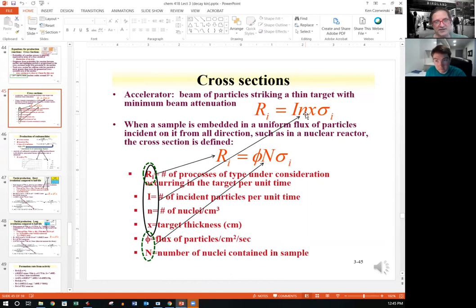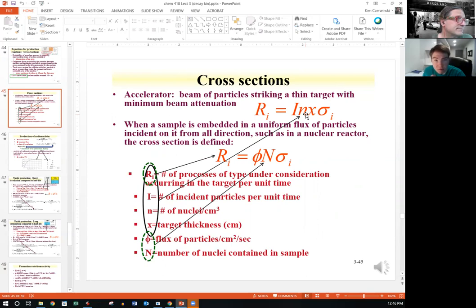In a reactor, I'm sticking this sample inside of a field that has all these neutrons at a pretty common density. Whereas in an accelerator, I'm sticking the foil at the end of a beam, and then that beam gets moved around over the target. Right.